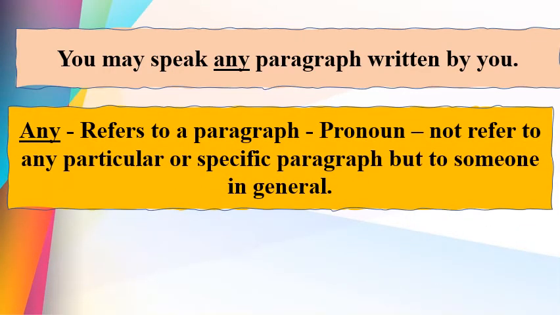Here the word any is referring to a paragraph, not a specific one, but something in general. For indefinite pronouns: any, somebody, nobody, several, each, others and another. All these are indefinite pronouns.